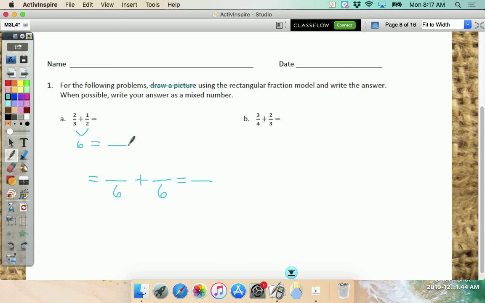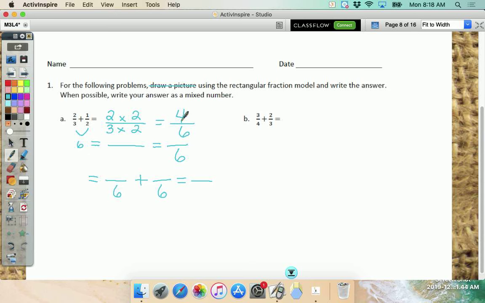All right, so tell me what to write on the first row, Chaston. 2/3 times 2 equals 4/6.